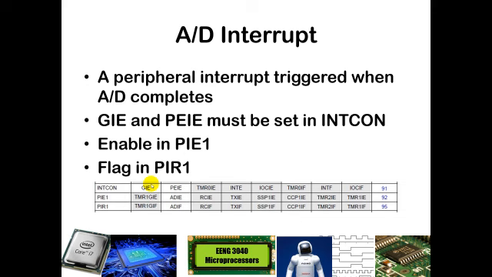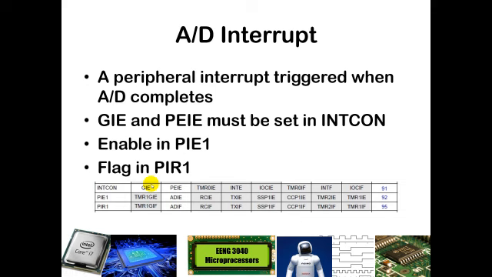We can also establish an interrupt for when the analog to digital conversion is completed. This is a personal preference. In many cases, you may want to use an interrupt so that things are handled in the background. Once the analog to digital conversion is finished, you can use the interrupt service routine and handle that. Otherwise, you have to continue to poll the bits and see when the conversion has finished.